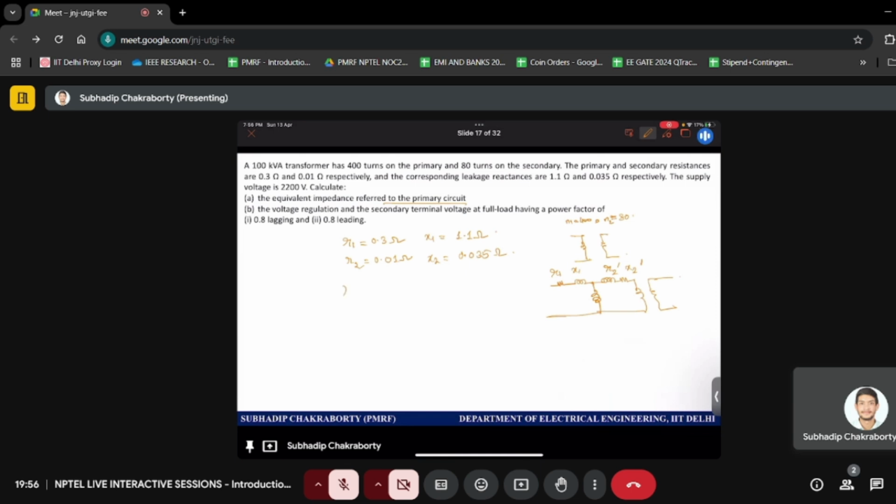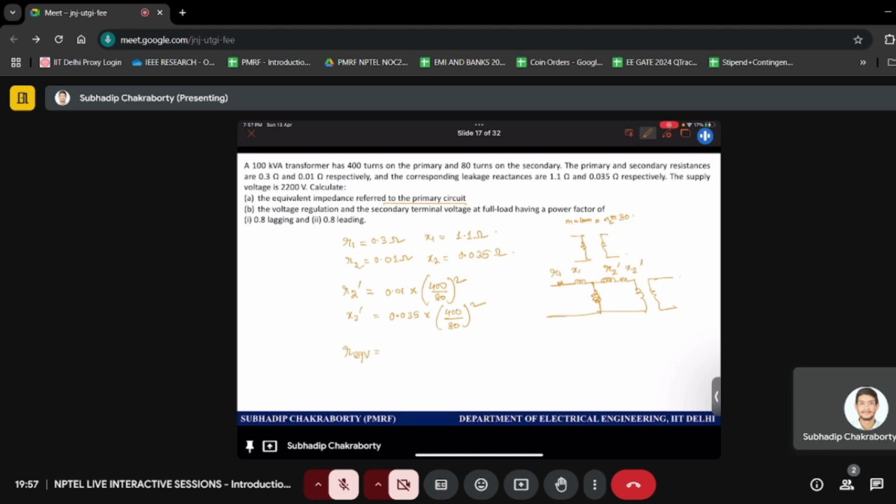So I need to calculate R2 dash, which is nothing but 0.01 multiplied by turns ratio square. And X2 dash is similarly calculated as 0.035 times turns ratio square.